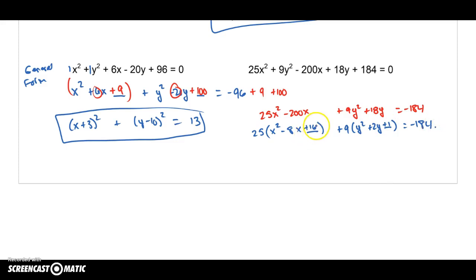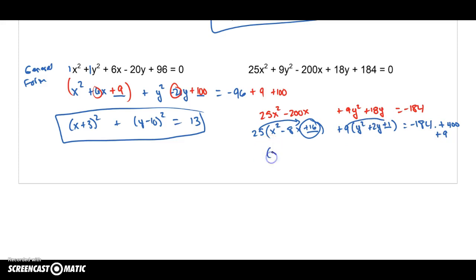Now, let's think about this. I wrote plus 16, but it's really being magnified by the number in front. So it's really 25 times 16, which is 400. I've added a value of 400 over there. So I need to write plus 400. Over here, I've really added a value of plus 9.